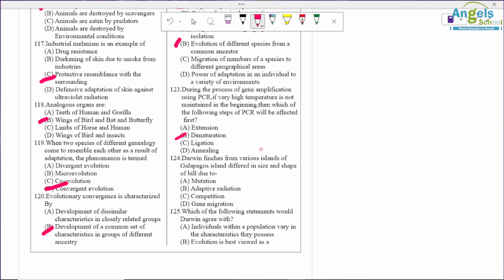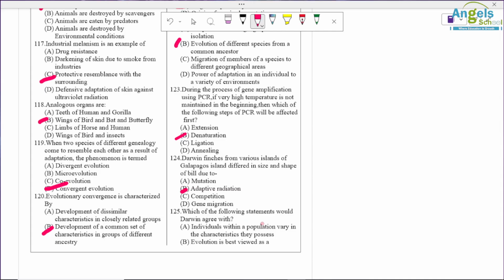Question number 124. Darwin finches from various islands of Galapagos Island differ in size and shape of beak. Here beak will come. It is due to adaptive radiation again.